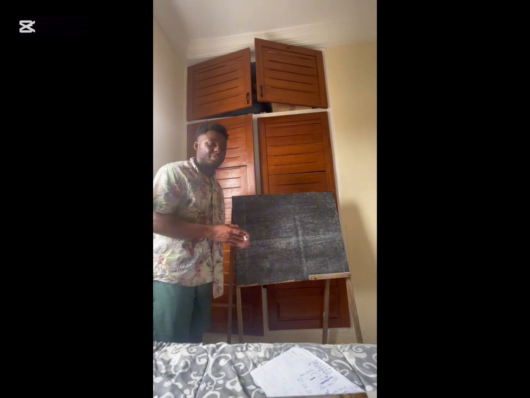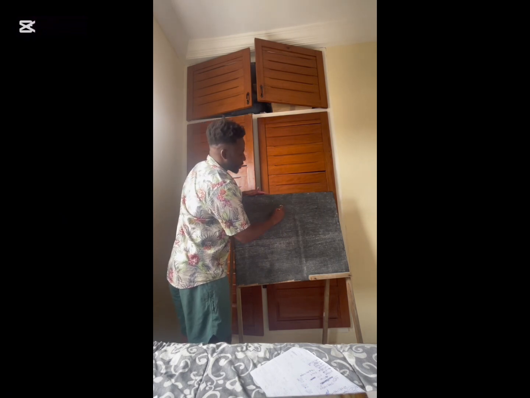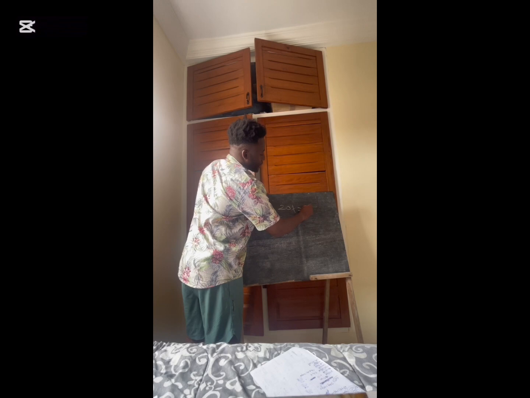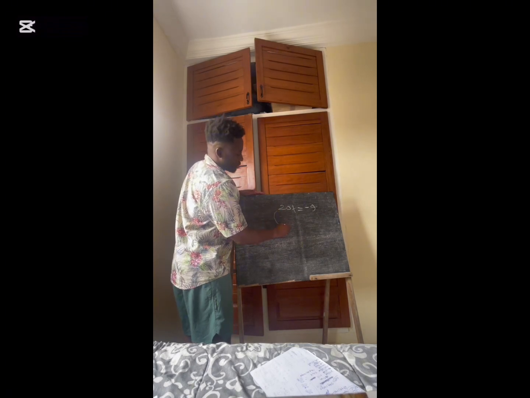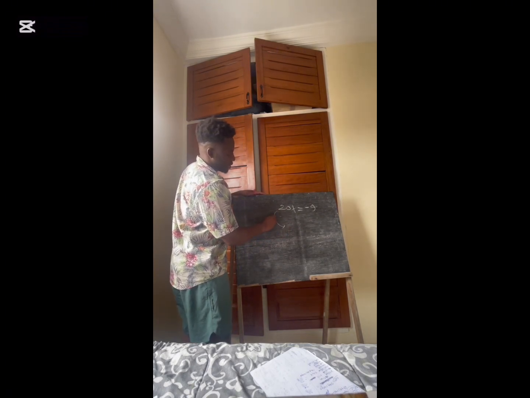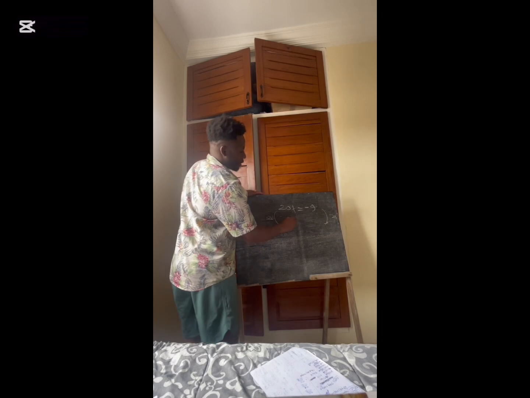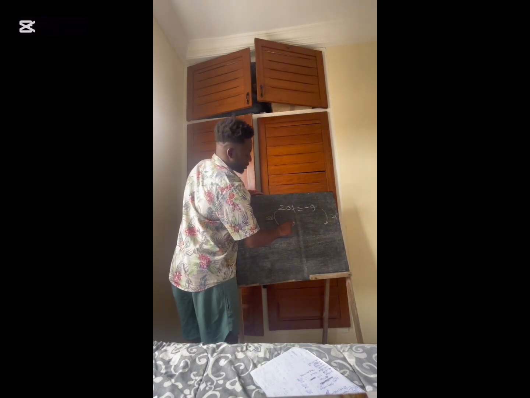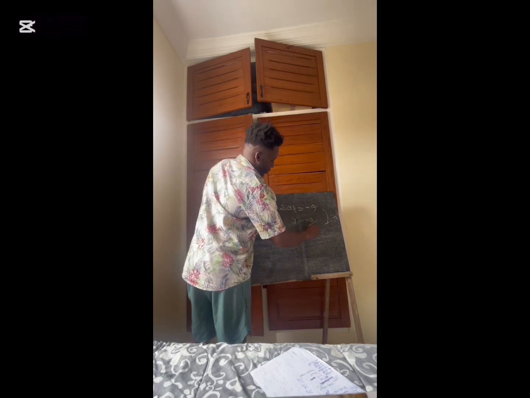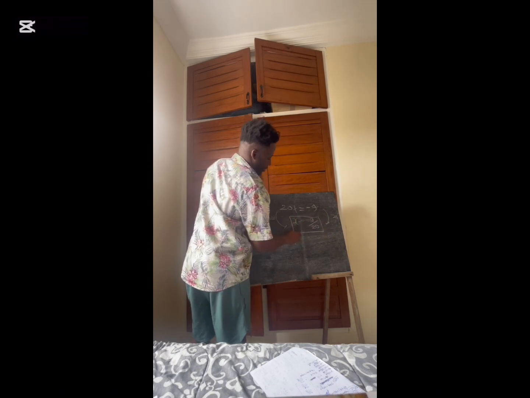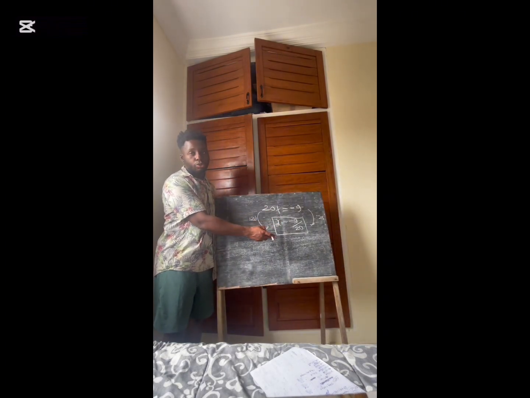So I think toward the end the camera angle was sort of weird, but it was basically something like this: we had 20x equals minus 9, and what we did is we divided both sides by 20, and then basically we got this answer, which is x equals minus 9 over 20.